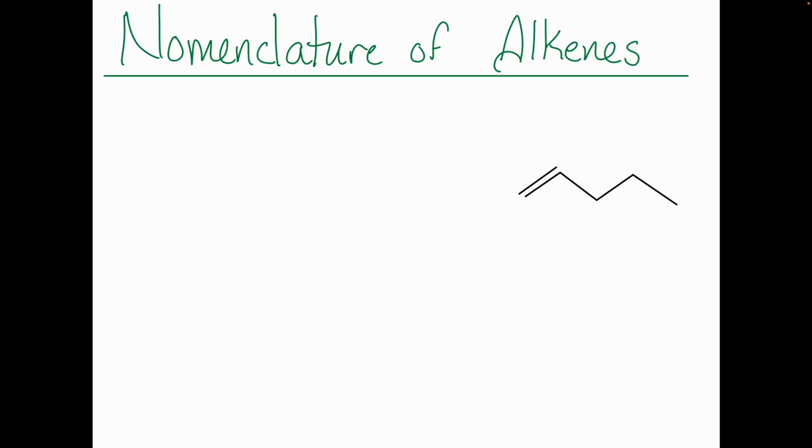All right, so we had this list of rules that we built, and the good news is that our rules don't change. Step 1 is still what? Parent chain. But what we're going to see is that this is our first functional group as far as nomenclature goes.